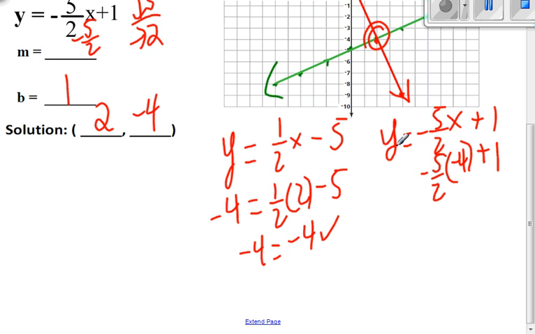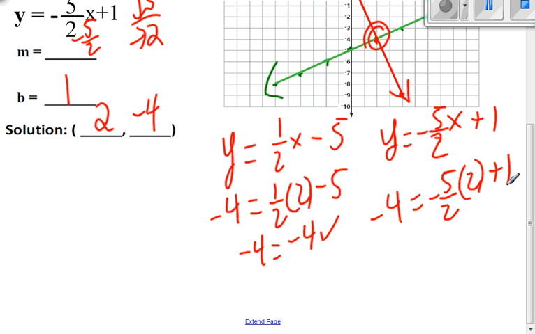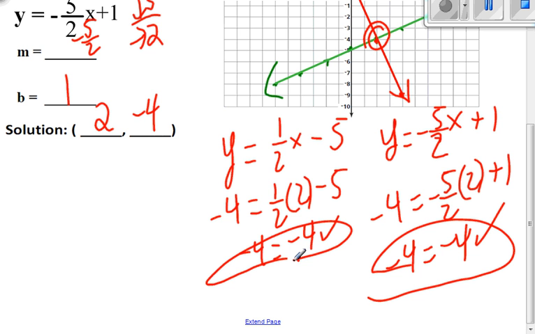Ignore this for a second. I substituted in the wrong place, which is something you guys do also. See how easy it is when you rush? So don't make my mistake. Negative 4 equals negative 5 over 2 times 2 plus 1. Negative 4 equals negative 4. Check. Since it worked for both of them, you're correct. If it didn't work for both of them, you messed up and you need to do it again.